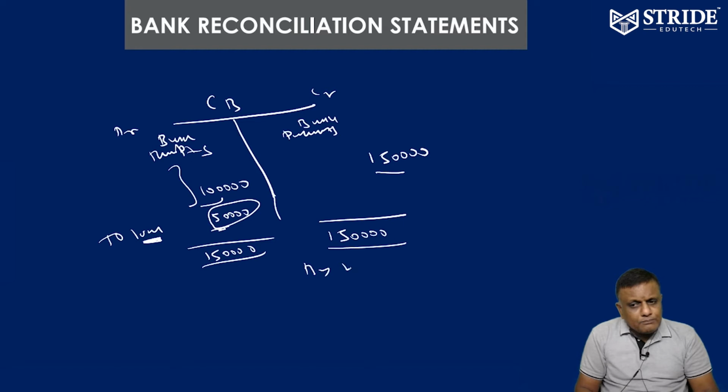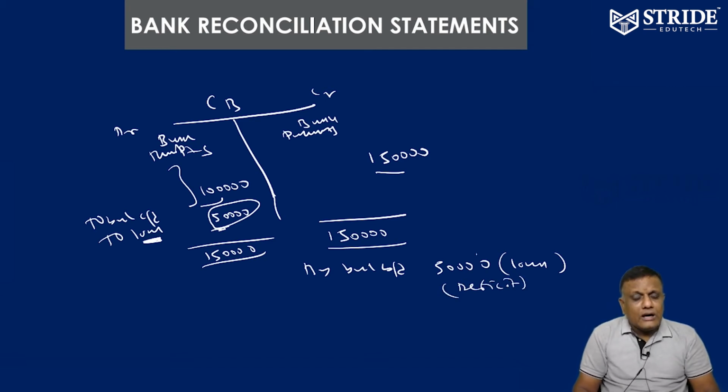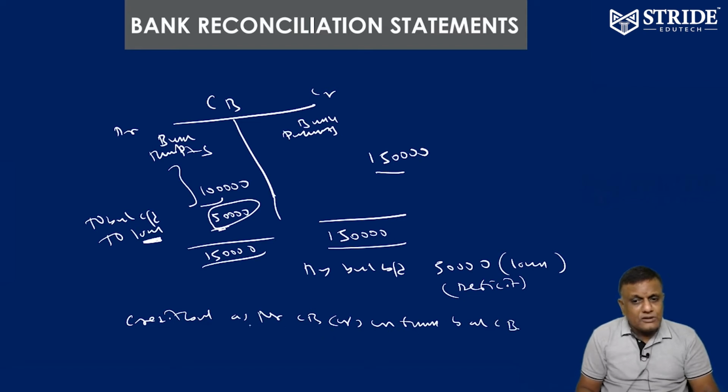So this is called by balance brought down, to balance carried down. By balance brought down 50,000, which means we have a loan or we have a deficit or we have borrowings. So this is called credit balance as per cash book or unfavorable balance as per cash book, or loan as per cash book.